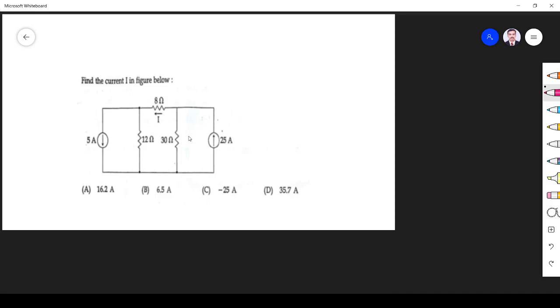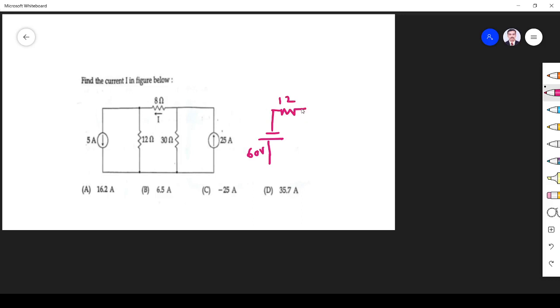Let us do some simple mathematical manipulation and find the answer. What I do is convert this current source into a voltage source. So this 5 ampere with 12 ohm will be equivalent to 60 volt in series with 12 ohm.